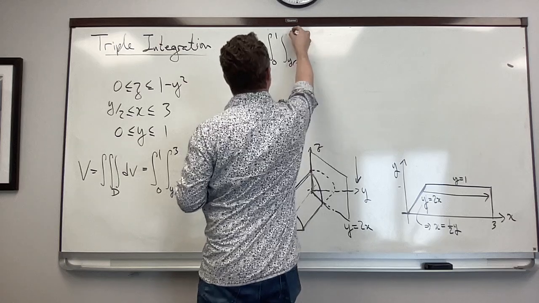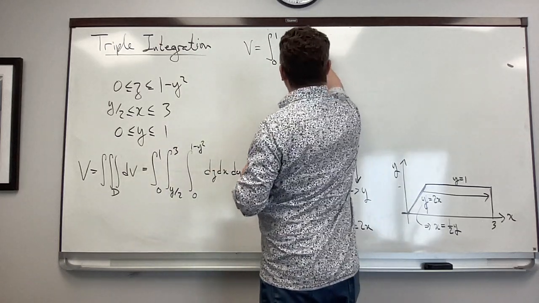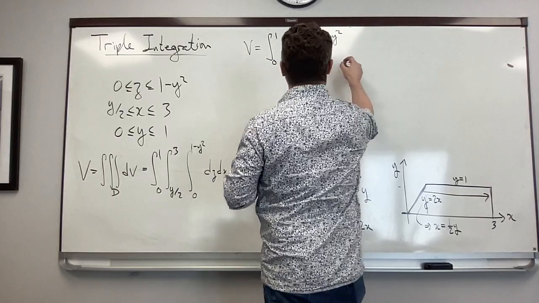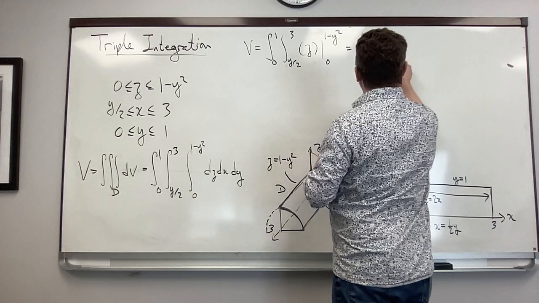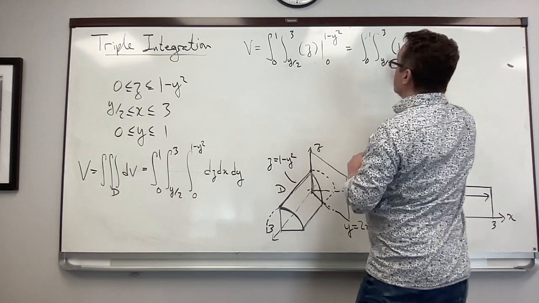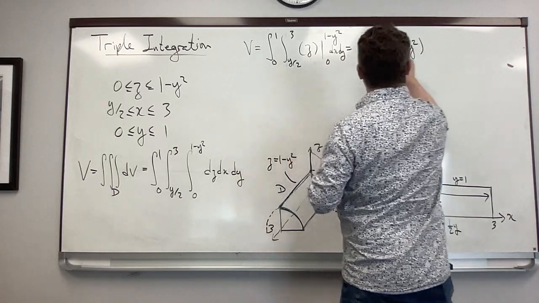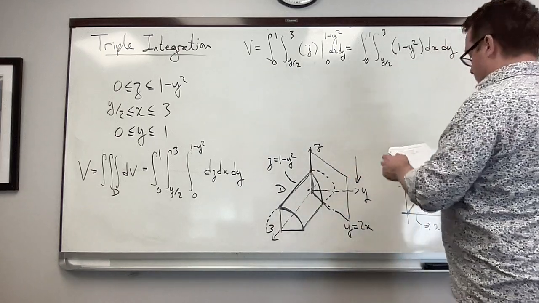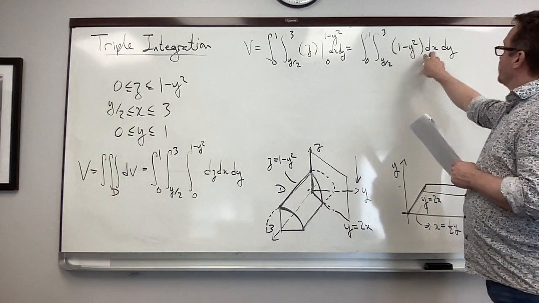So executing this is pretty easy. Integrating dz, we just get z from 0 to 1 minus y squared. So that looks like the integral from 0 to 1, of the integral from y over 2 to 3 of 1 minus y squared, dx dy. Right away you might think something's wrong, I've only got y's here and I'm integrating x.